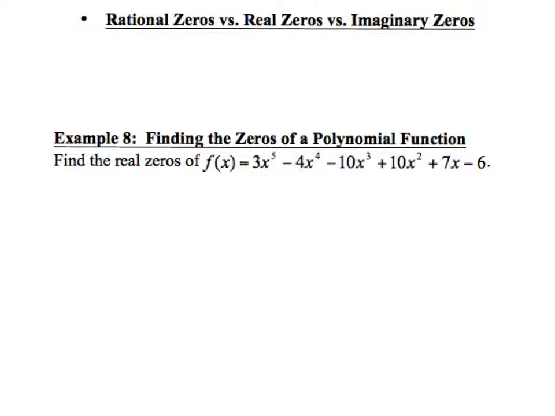It's quite a difference. Whenever you have rational zeros, that means you'd have integers, fractions, or decimals. So you could have any of those for rational zeros.